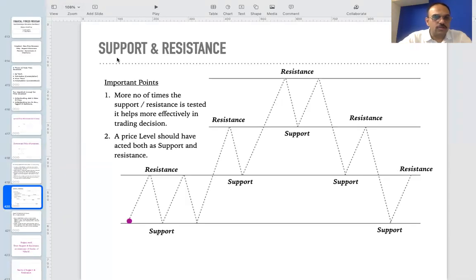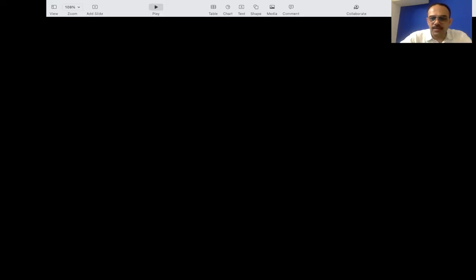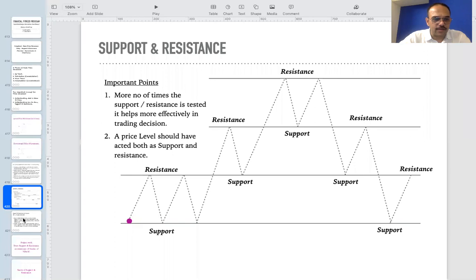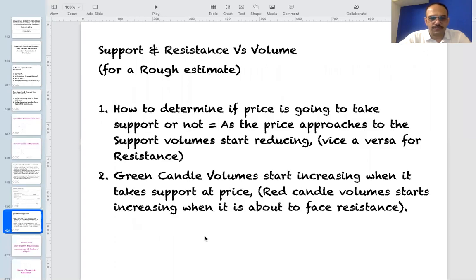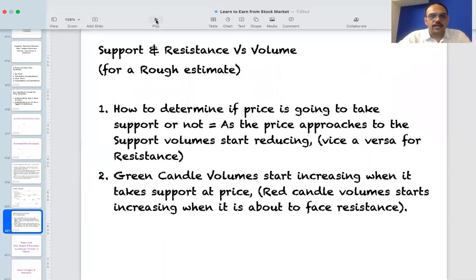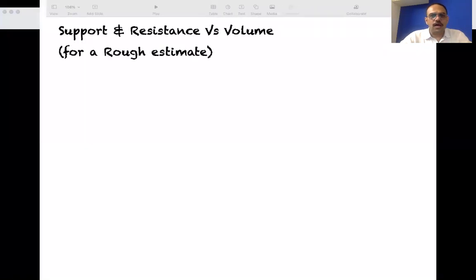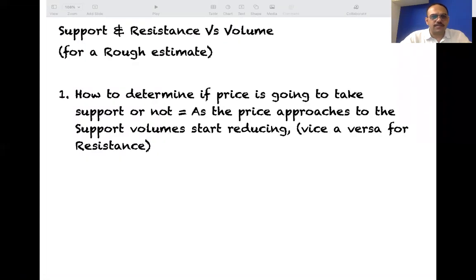Okay, so let's see if I have any comments left. I'll answer all the questions. Okay, great. So support and resistance versus volume. If the price is going to take support or not, as the price approaches the support level, the volumes will start reducing.